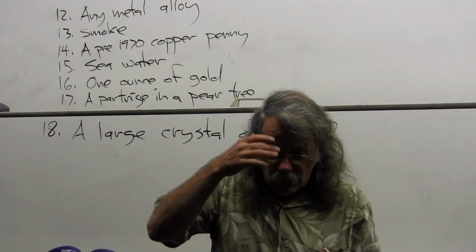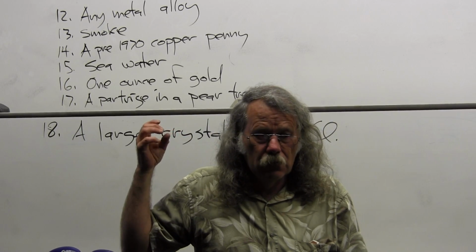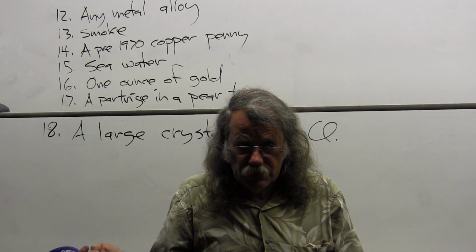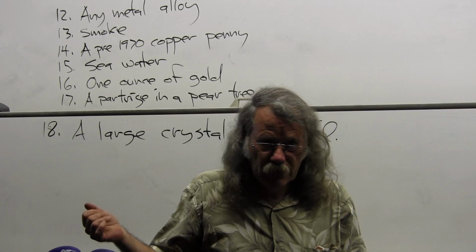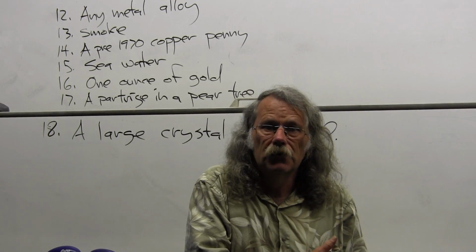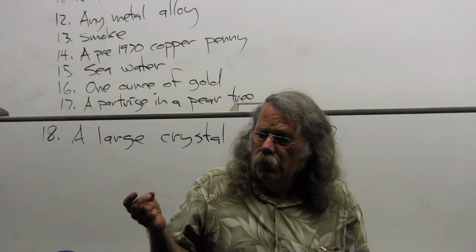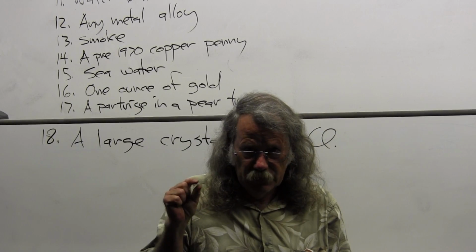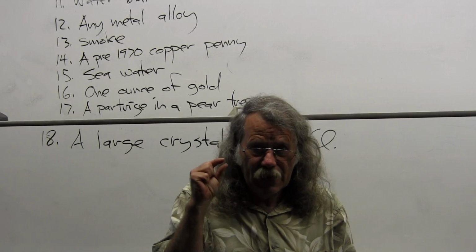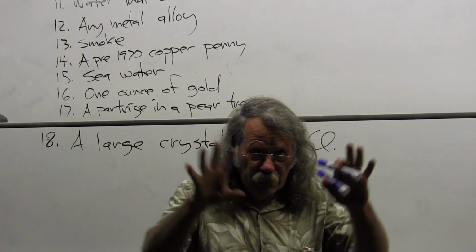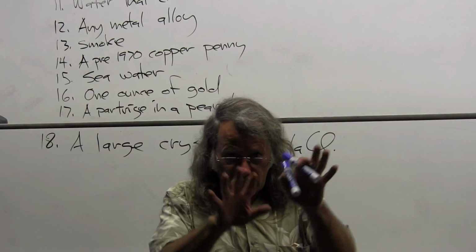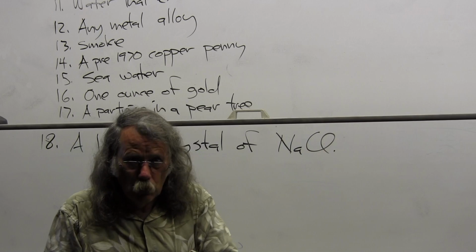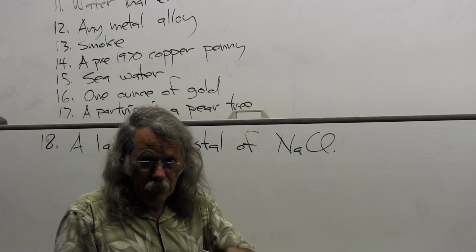In other words, something like a solution, a homogeneous solution of sodium chloride will not give any greater scattering of light. But suspended particles that are little tiny particles, nanoparticles that are just floating around within the water will scatter light at a much broader angle.